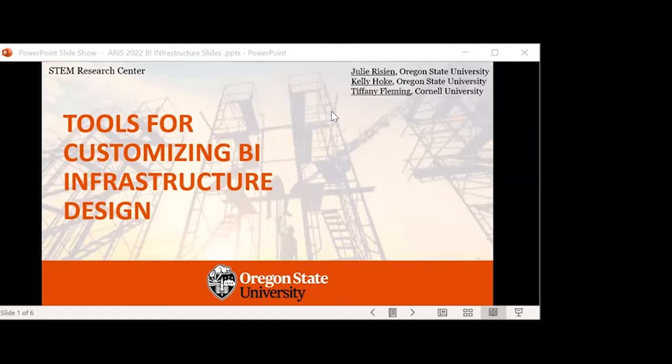My key collaborators on the development and situation of these tools and the collection of the data that we used for them are Kelly Hoke from Oregon State University, and then a key collaborator in contextualizing these tools for use within an institution is Tiffany Fleming from Cornell University, neither of which are able to be with us today.